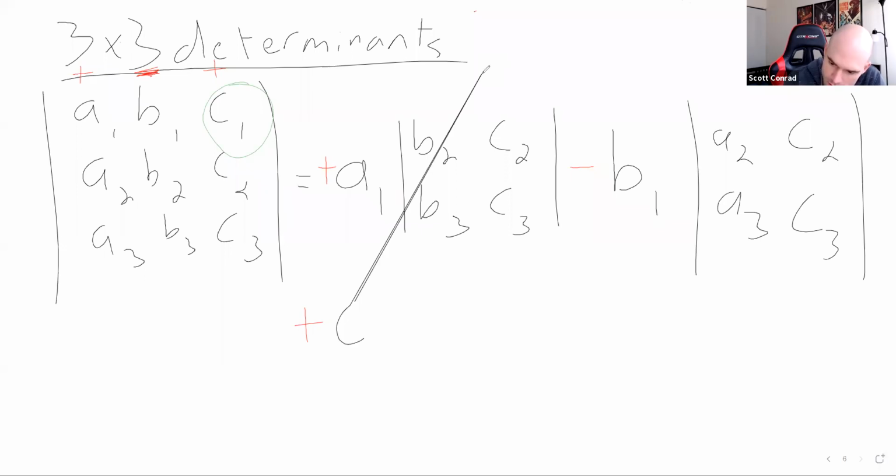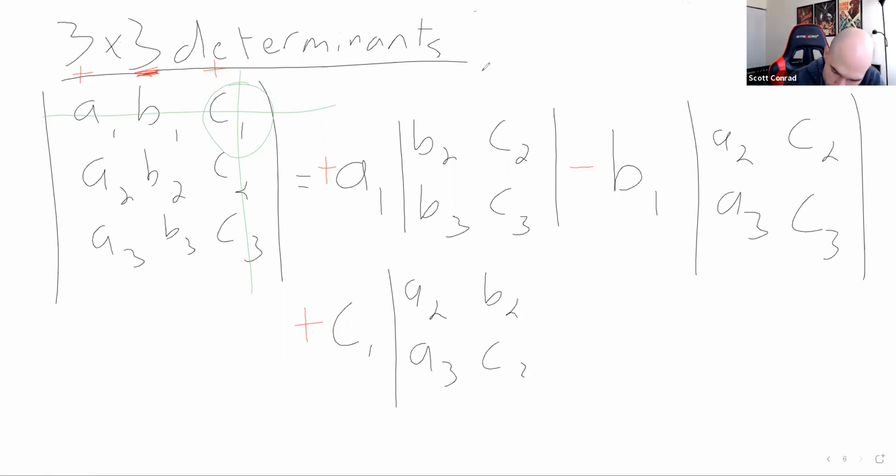So plus C1, then cross out the row and column containing C1, and multiply by the determinant of the remaining entries: A2, B2, A3, B3.